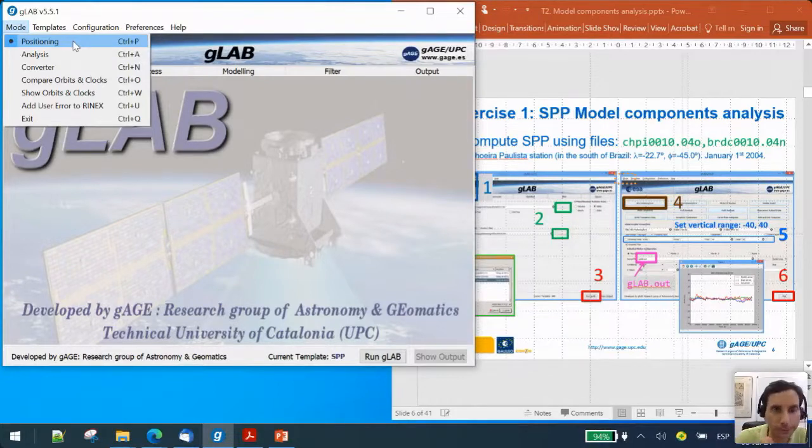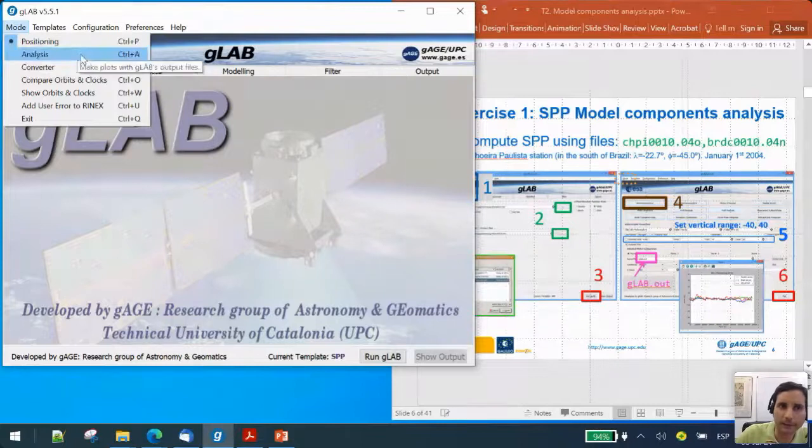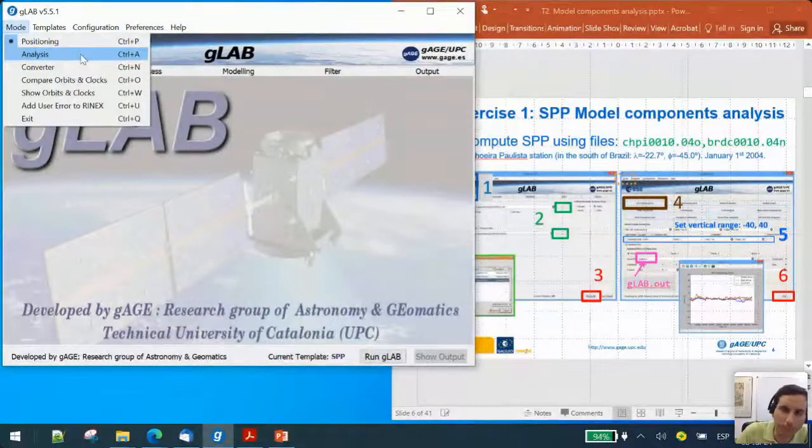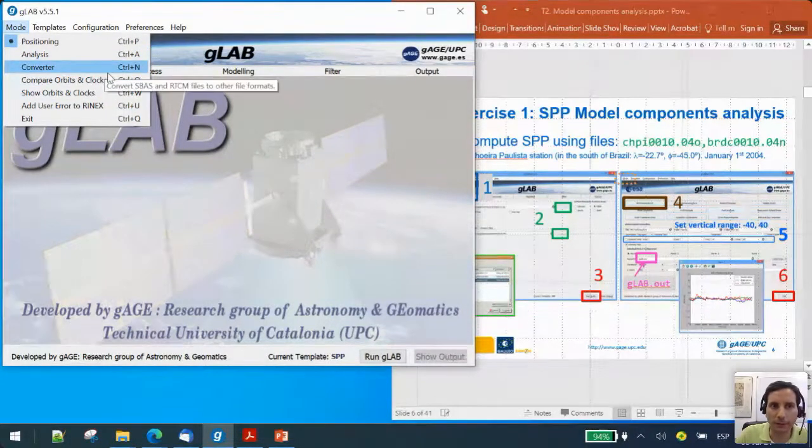3D coordinates. It has another mode, the analysis mode, to plot the results in a more friendly way. But we also have other modes, and some of them will be explored tomorrow.